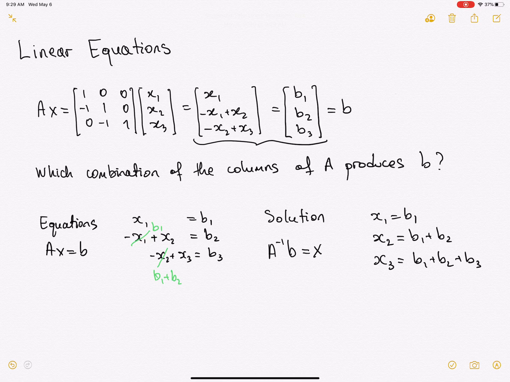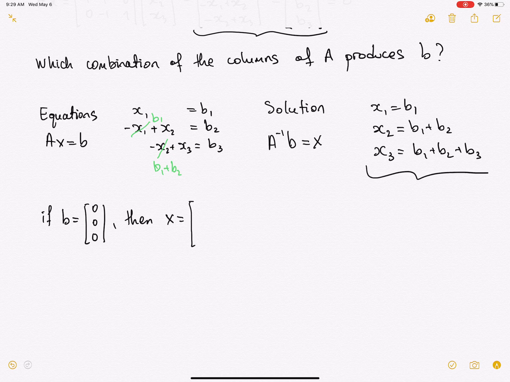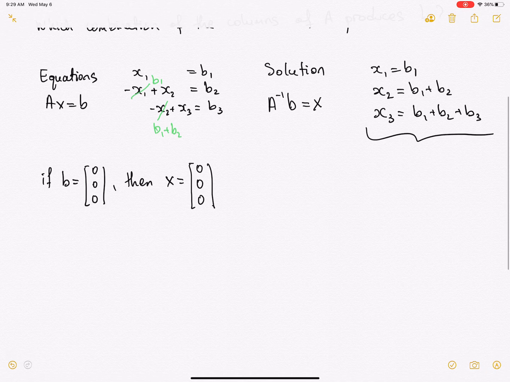So it turns out that we have this inverse problem where if we know, so if b equals, for example, 0, 0, 0, then x from these equations over here will also have to be 0, 0, 0, right? We have some kind of a sum.